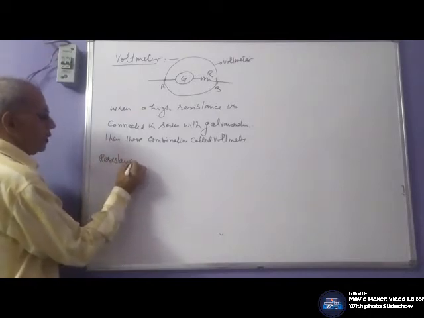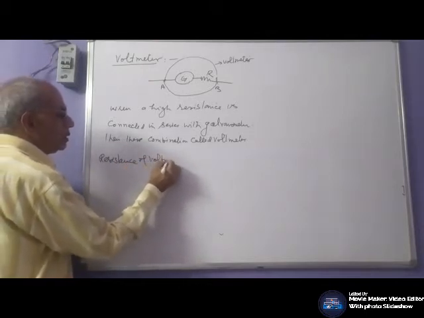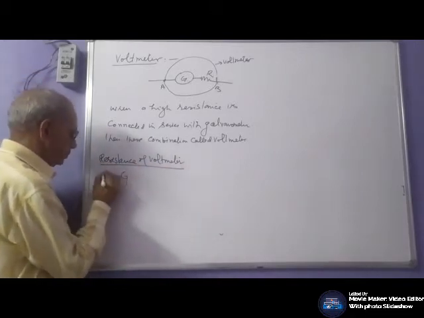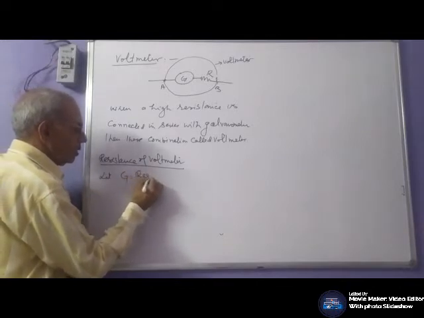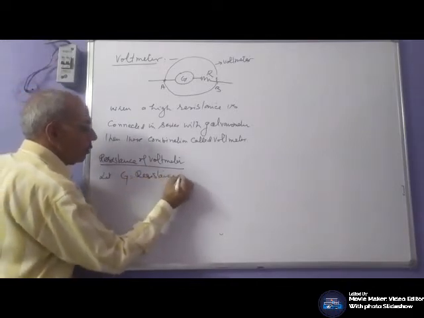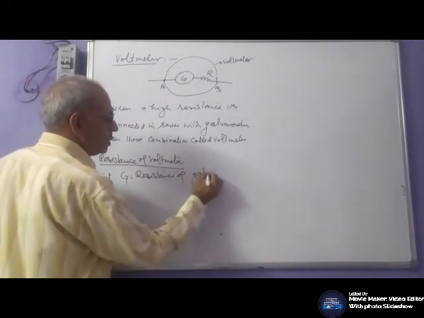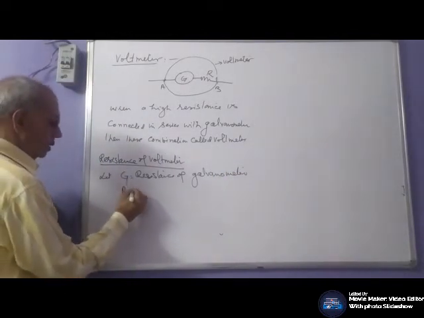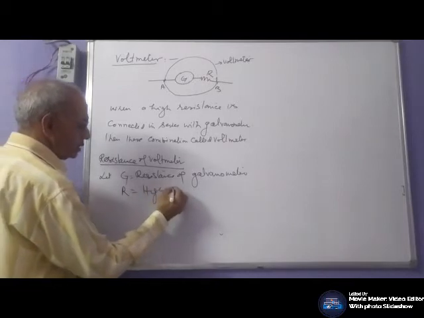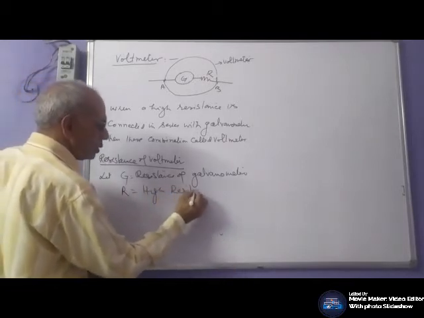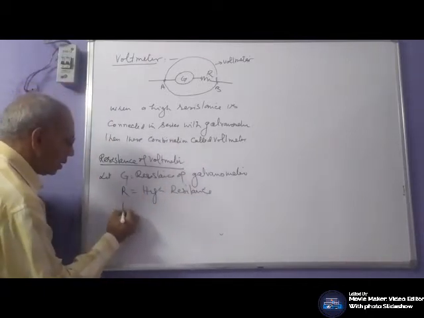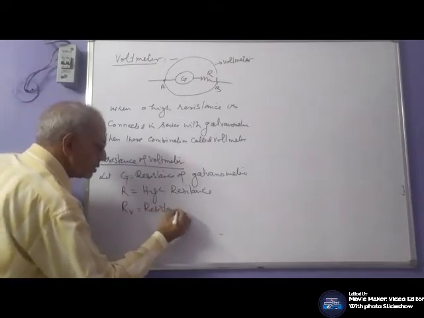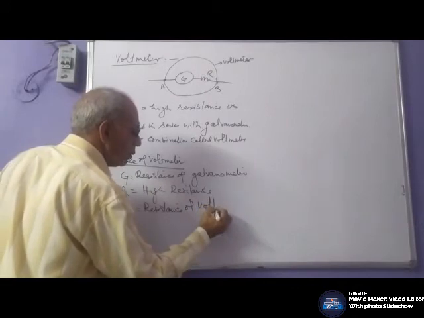Resistance of the voltmeter. G is the resistance of the galvanometer, R is the high resistance, RV is the resistance of the voltmeter.